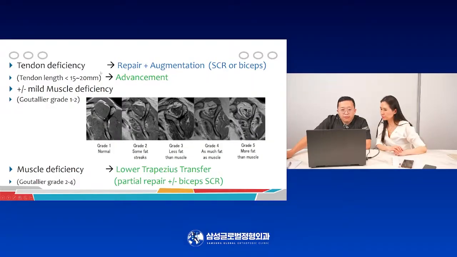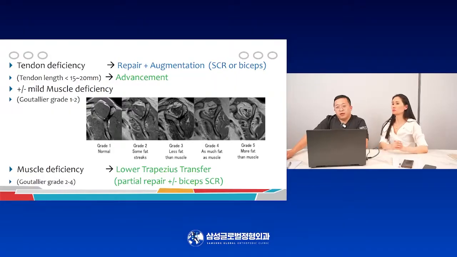But if there is a tendon deficiency, much more than we expected, and we cannot consider the partial repair, we have to consider another option. Some kind of allograft or another graft could be needed.